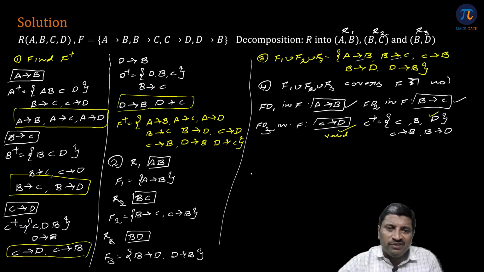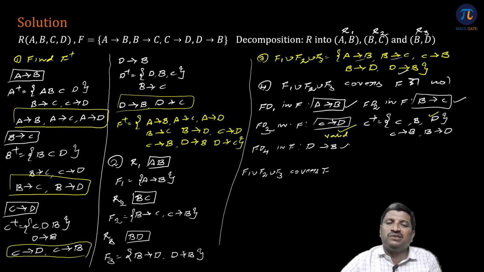Then what about the fourth FD? D implies B. I think it is present directly. So what is your conclusion? F1 union F2 union F3 covers all the FDs of F. Therefore, it is dependency preserving.